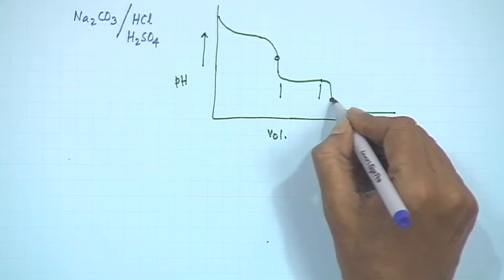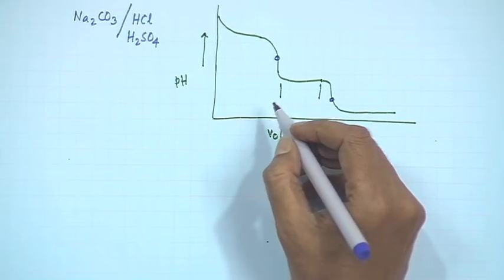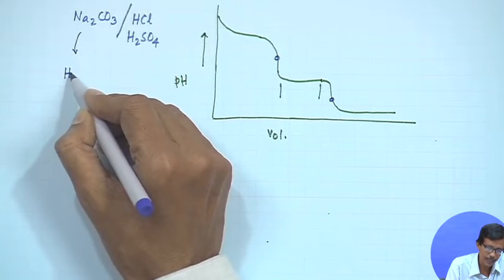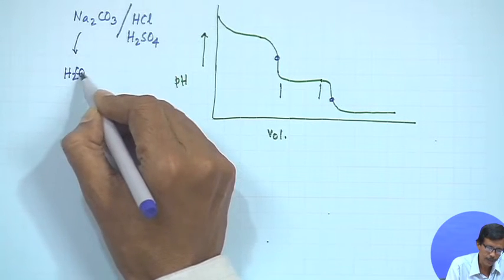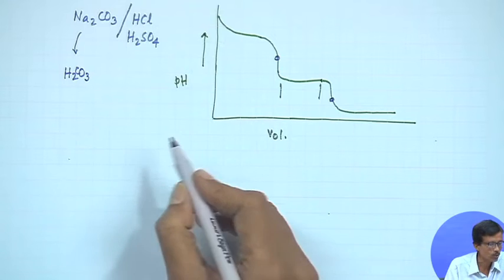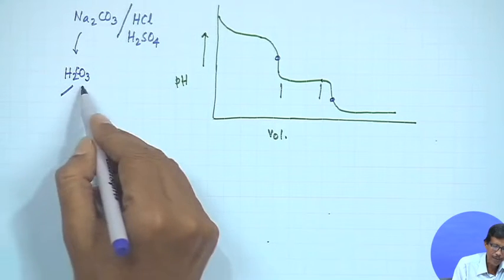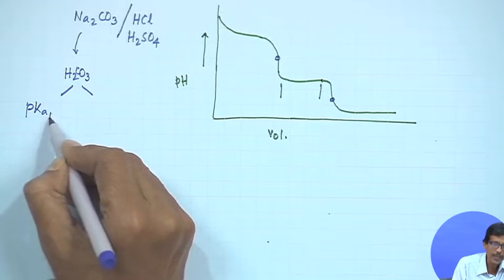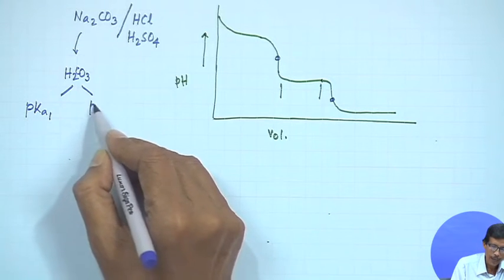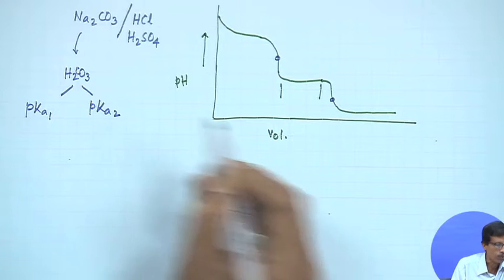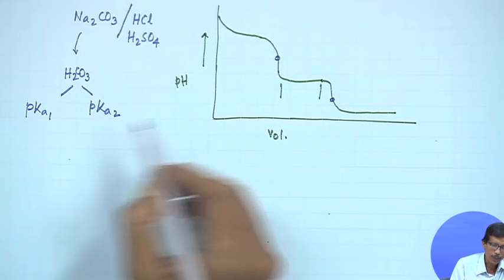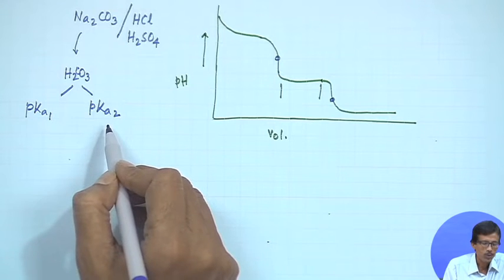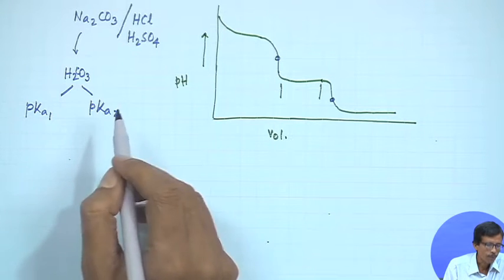Two such vertical points are there, where the corresponding acid is your carbonic acid, H2CO3, and it can have two pK values. We consider them as pKa1 and pKa2. So, how to detect these two values is an important thing.